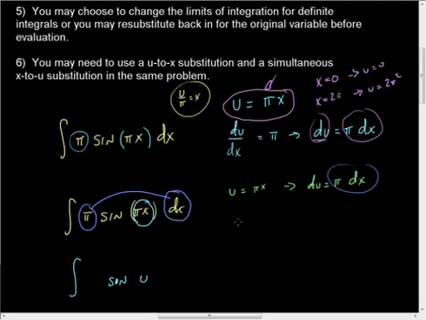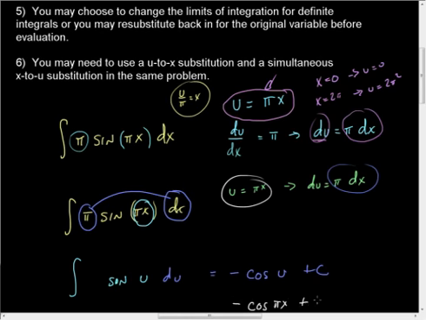So now I'm integrating sine of u du. But the integral of sine is just negative cosine. So that's negative cosine of u plus c. So now what we can do is we can say, oh, okay, well, u then is my pi x, and so this is really negative cosine of pi x plus c.